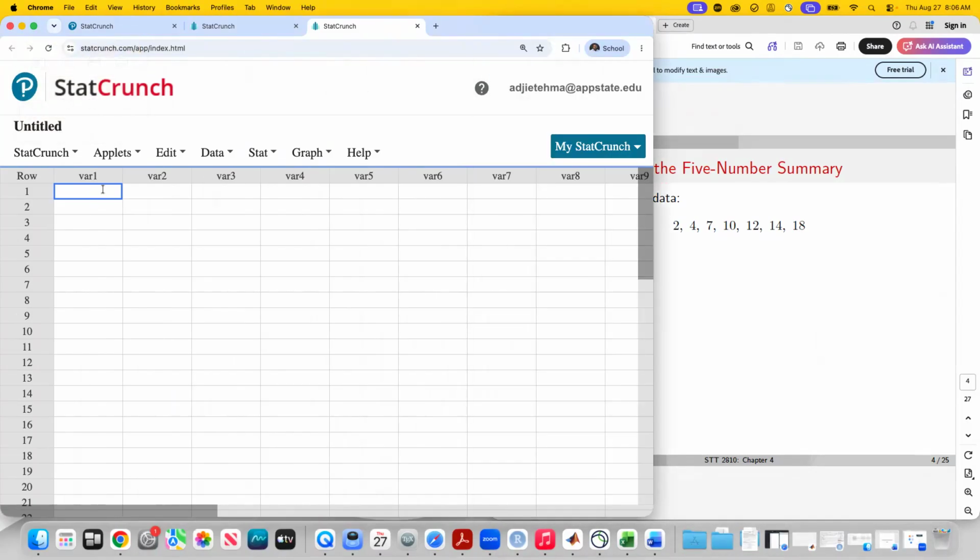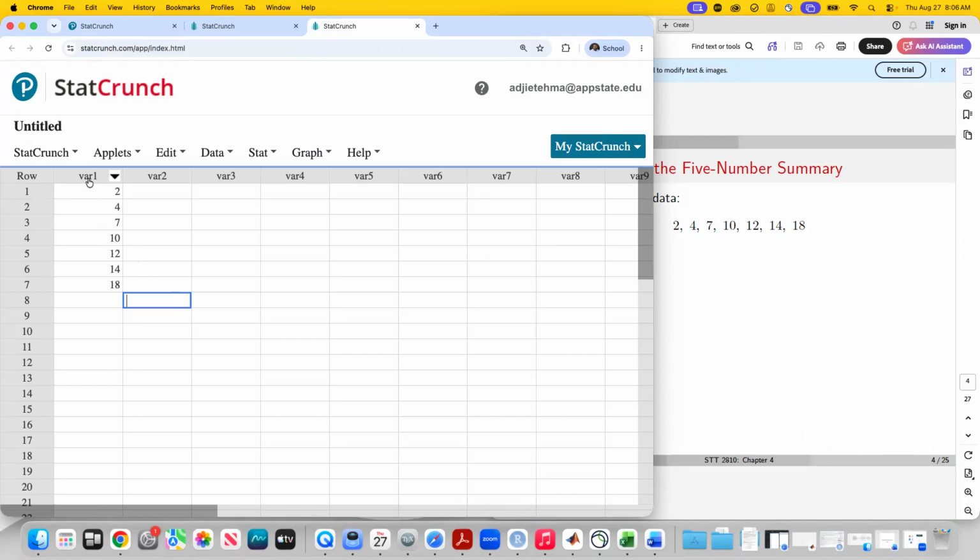So you go on StatCrunch, you enter the data set: 2, 4, 7, 10, 12, 14, 18. If you're asked to do this on a test, to save time, you don't necessarily have to label it.